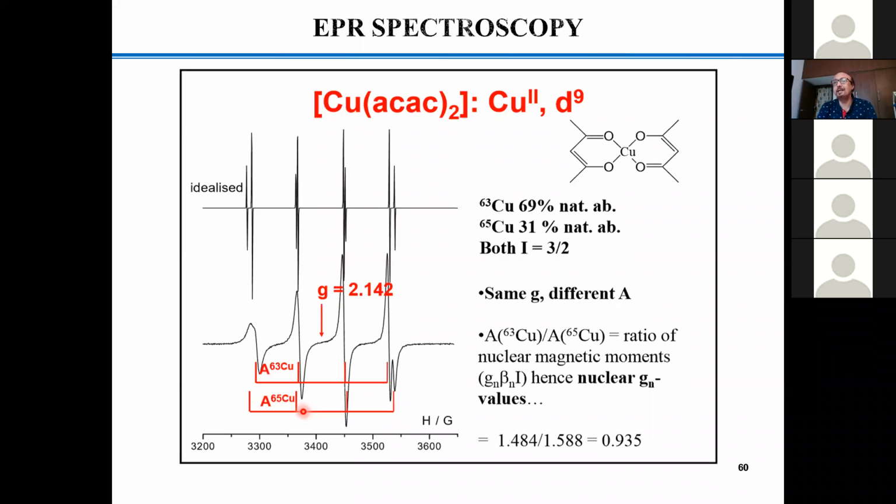Now, if it is a free radical, you will always get a very sharp line, roughly 2 to 10 Gauss, maximum 2 to 10 Gauss. But for a metal complex, even if you get one line due to the lack of any anisotropy, the gap would be 40 to 100 Gauss.